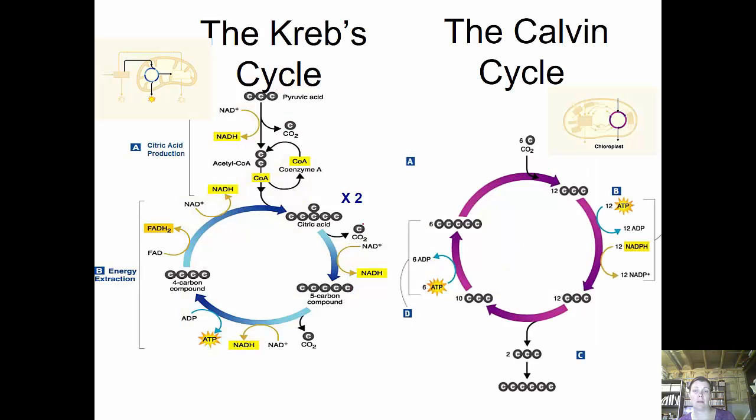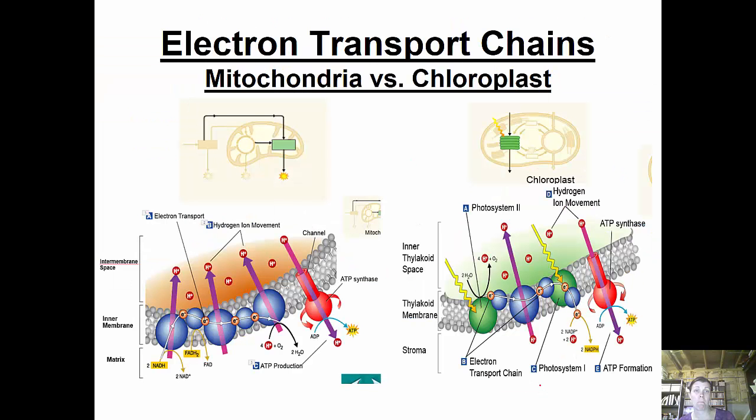Here's Krebs and Calvin cycle side by side. And all it is in Krebs, carbon dioxide comes off, H's come off. In the Calvin cycle in the chloroplast, carbon dioxide goes in, H's go in, because you get sugar coming out of the other end. So they are opposite each other.